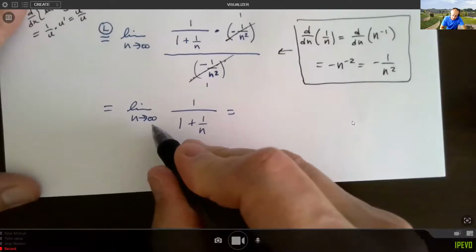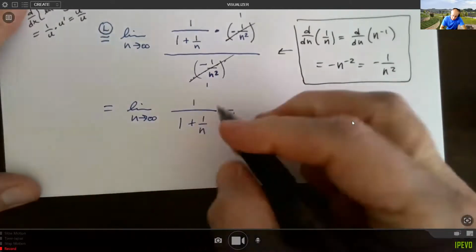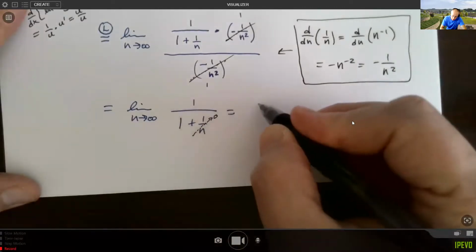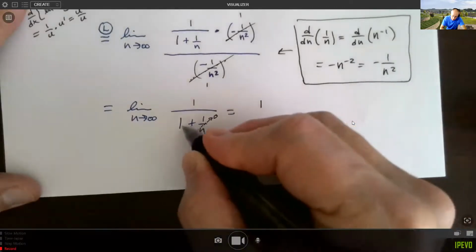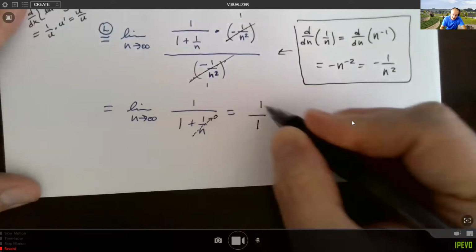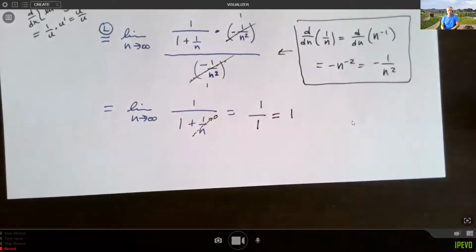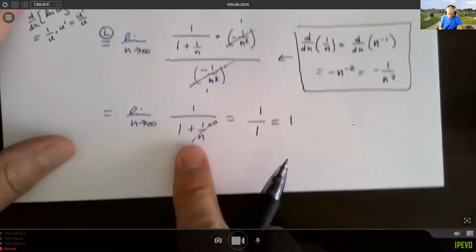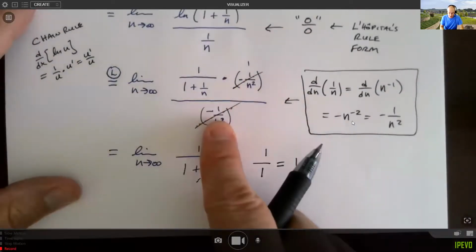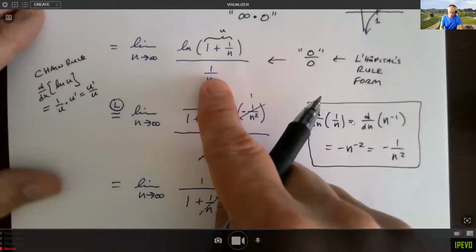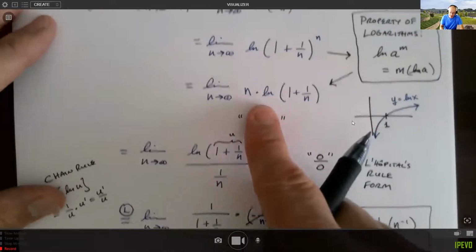And now, can I determine this limit? Is this something I can determine? As n goes to infinity, what's happened to this 1/n term? That's going to 0. So this is approaching up top 1, on the bottom 1 plus 0, 1. Is that indeterminate? No, it's 1. It's getting closer and closer to 1. Since this limit is getting closer and closer to 1, this limit is getting closer and closer to 1. And so is this limit, and this limit, and this limit.